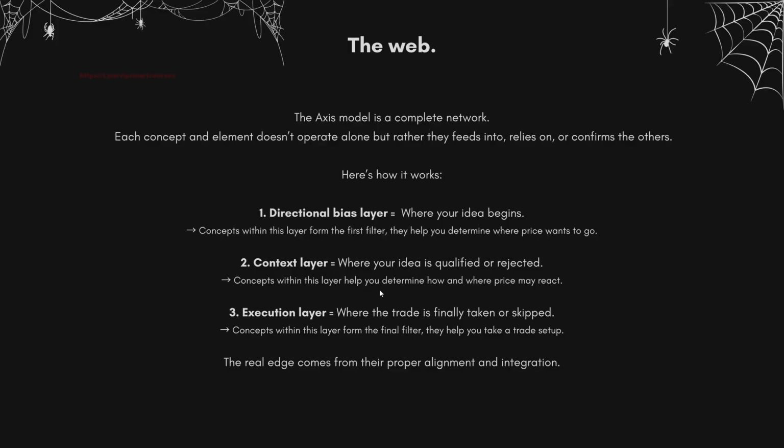Let's say you are watching the intermediate time frame, which in our case is the 4-hour time frame, and you see that price is around a proper key level and a proper CRT within a dealing range, and that dealing range is aligned with the higher time frame directional bias. That scenario leads to your idea being qualified.